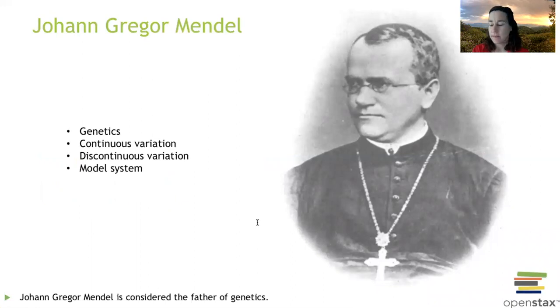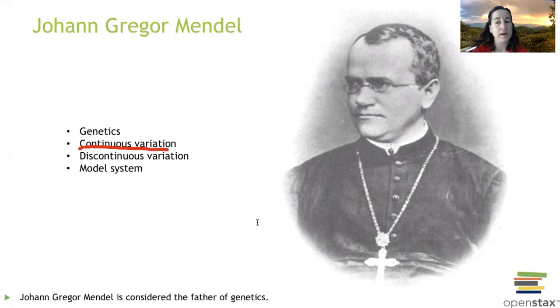The theory of the day was called continuous variation. With continuous variation, it's assuming that with two parents and their offspring, that offspring is a blend of them. So say if I had dark hair and my husband has light blonde hair and we had children, then our child had to be some blend, a mix.